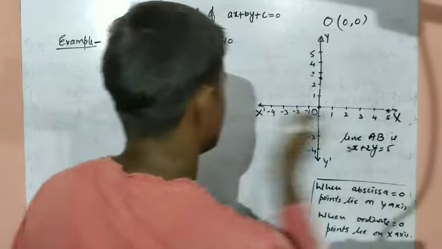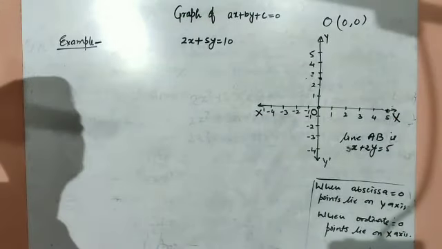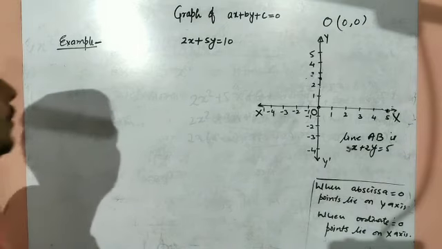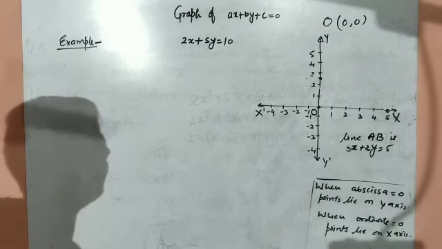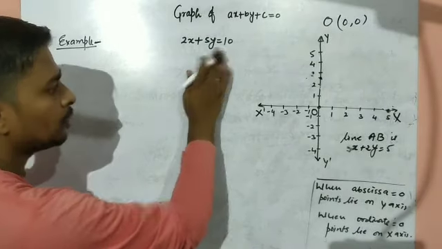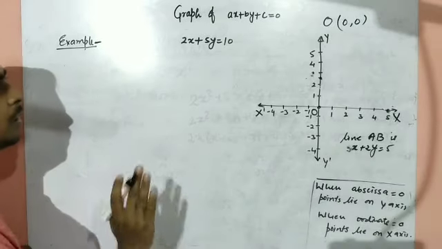This is x dash, this is y dash, the x axis and y axis. So the equation is 2x plus 5y is equal to 10. Now to draw the graph of this equation, we will follow the same approach.